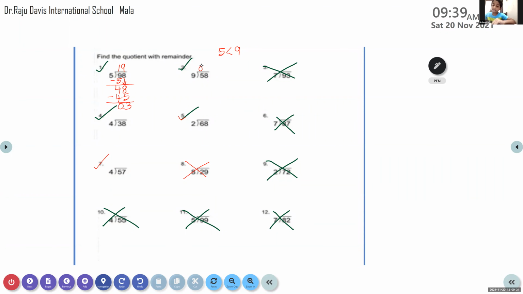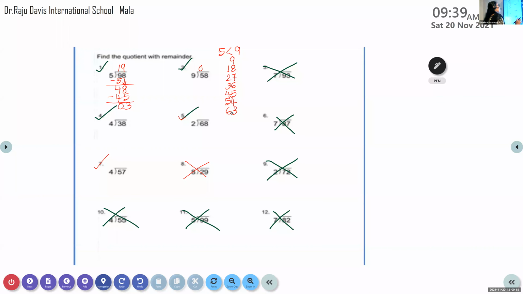No. So just say the products. 9, 18, 27, 36, 45, 54, 63. Now you got a number bigger than 58. 58 is not there in the table and you got a number bigger than 58.